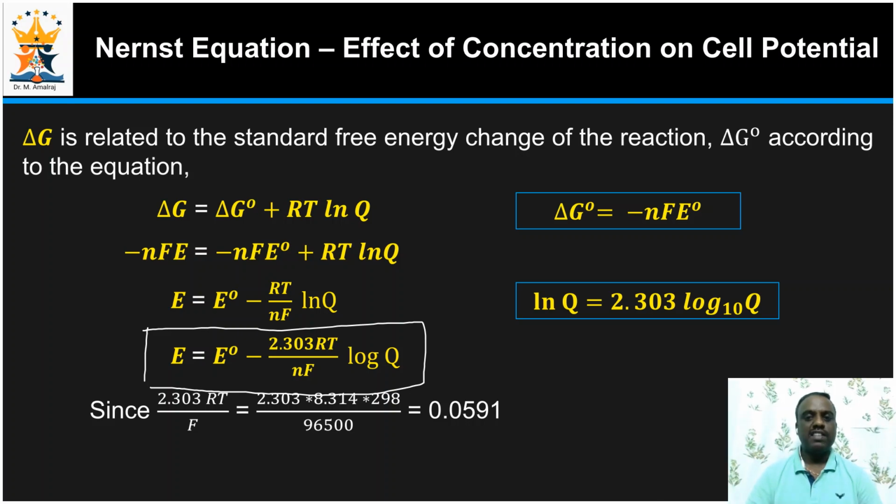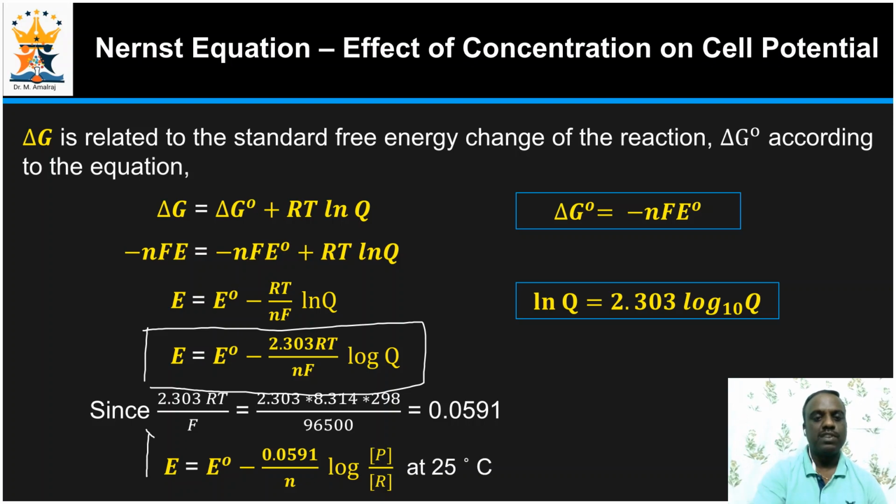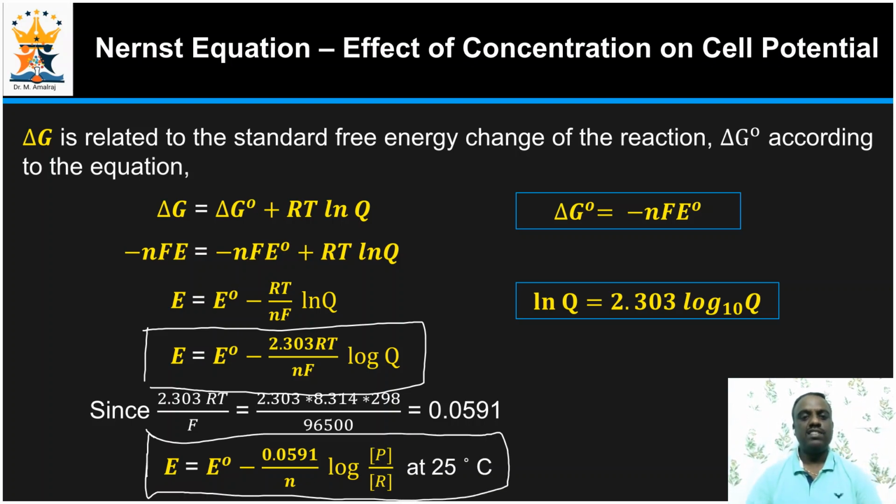If the temperature is given as 25 degrees Celsius, we can comfortably use this expression to calculate the EMF of the galvanic cell. In case the temperature is not provided in the problem, we must take this expression because usually the electrochemical reactions are carried out only at 25 degrees Celsius.